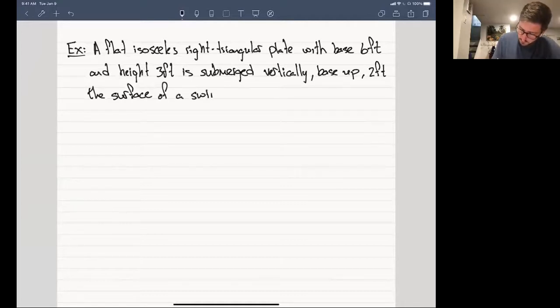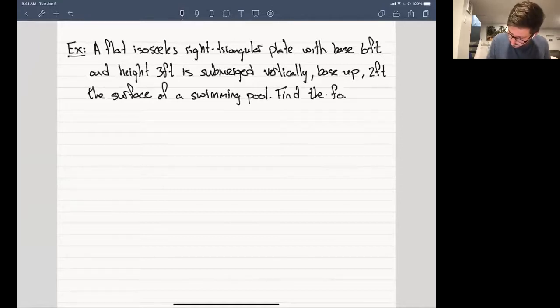So we're assuming this is going to be freshwater again. So our W is going to be 62.4 again. So find the force exerted by the water on the plate.